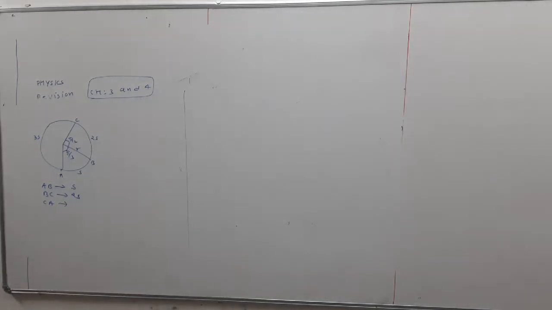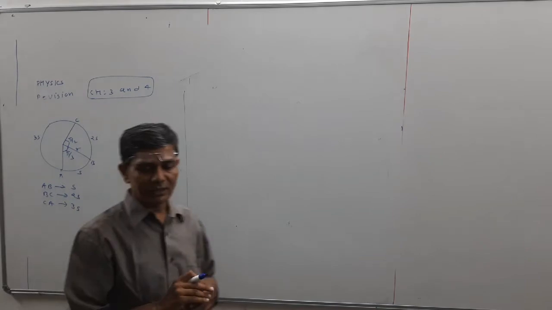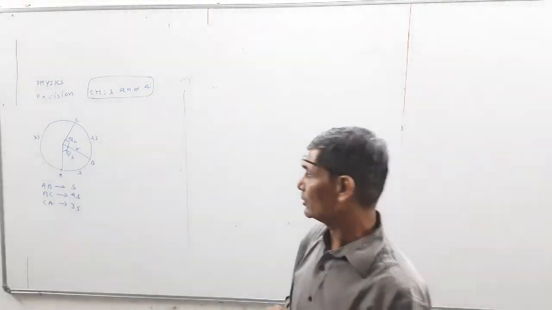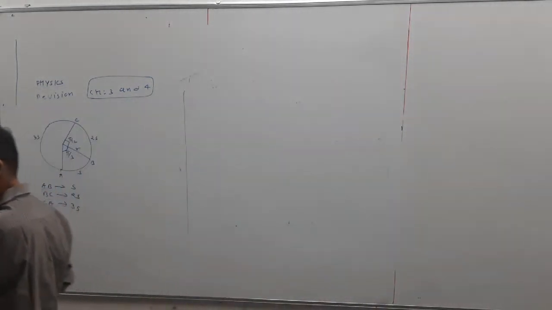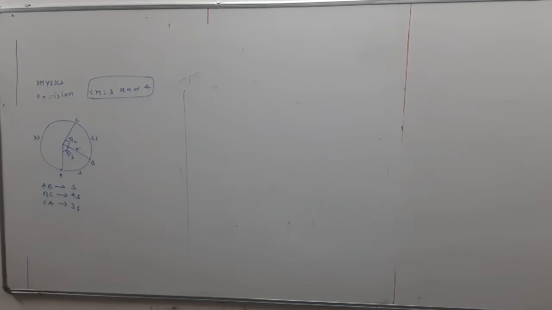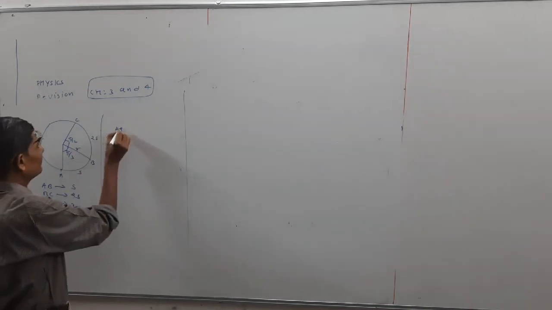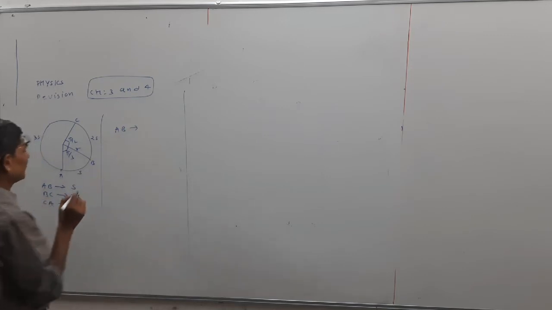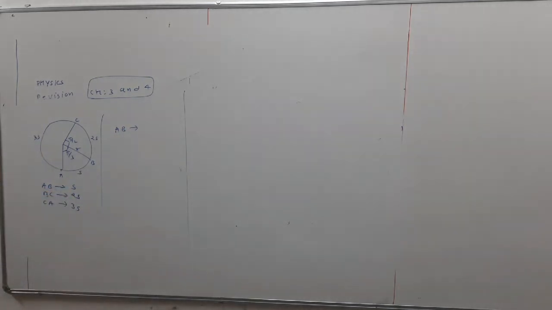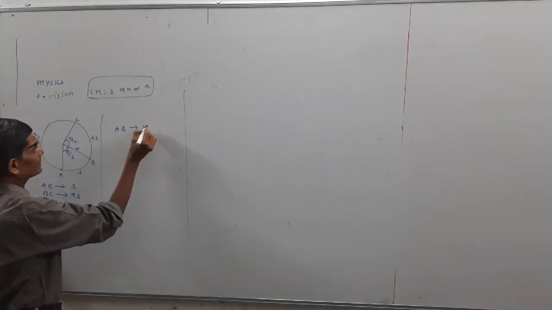Now we have to calculate the average speed, which is total distance upon total time. Now first, the AB part, the length of the arc is r into pi by 3.